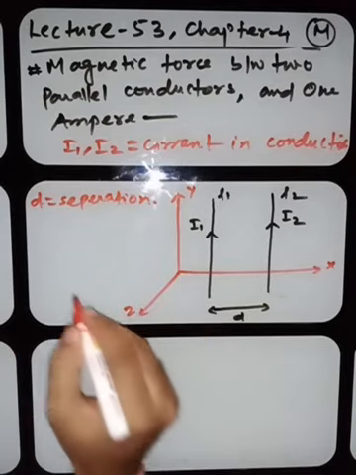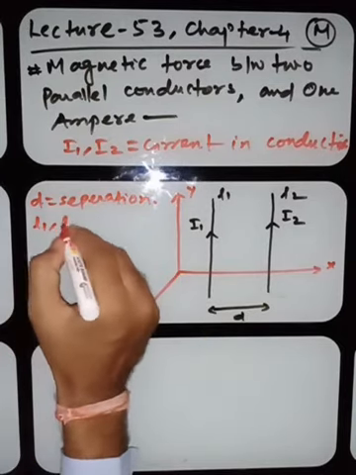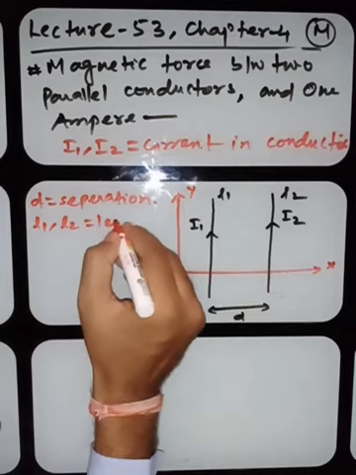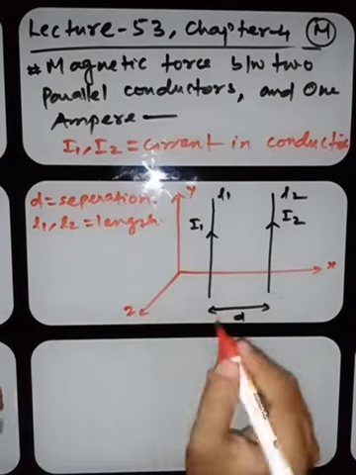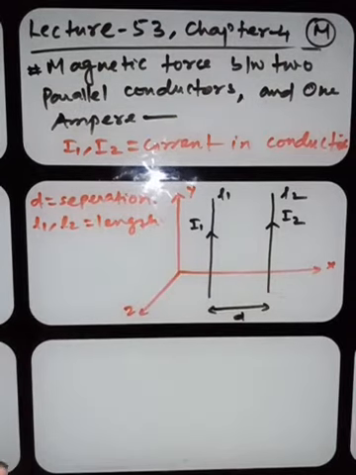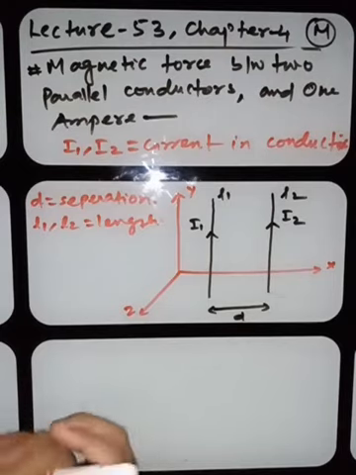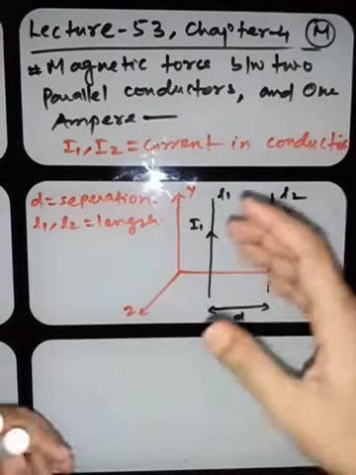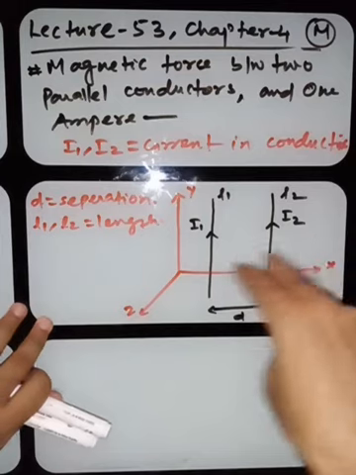L1, L2 are the lengths of the two conductors. Now, my dear students, here we are going to find out the force between these two conductors.